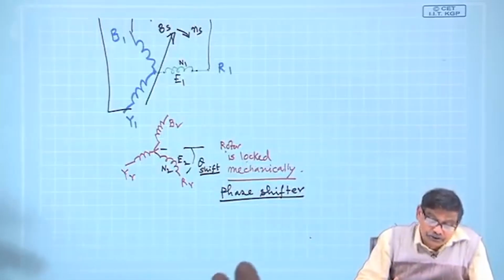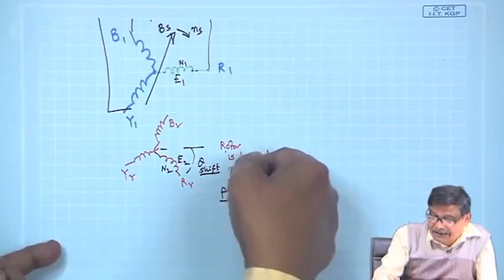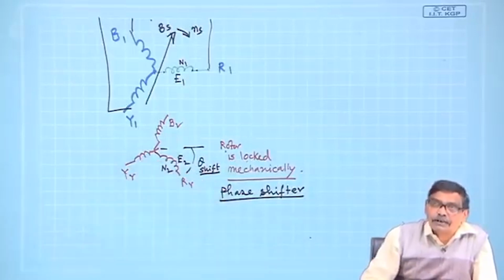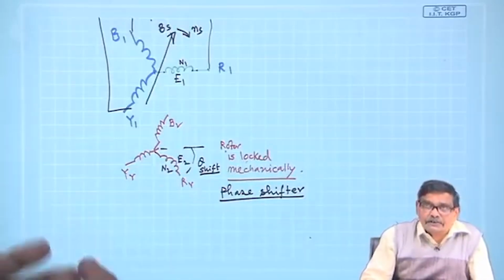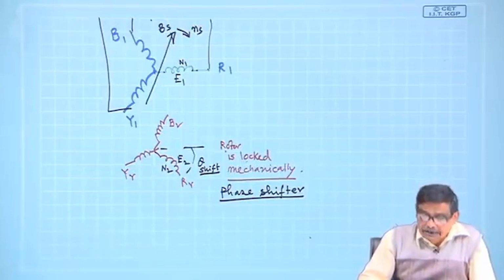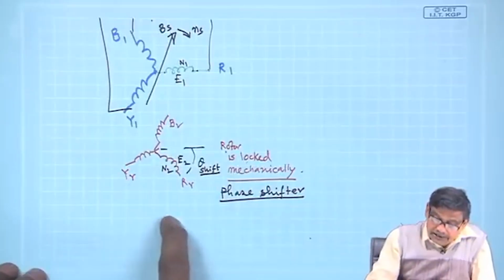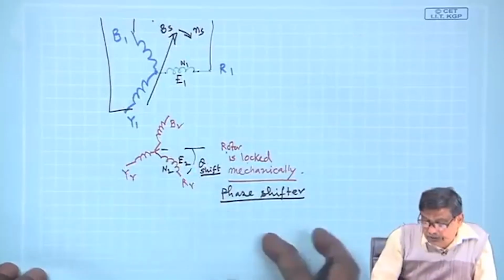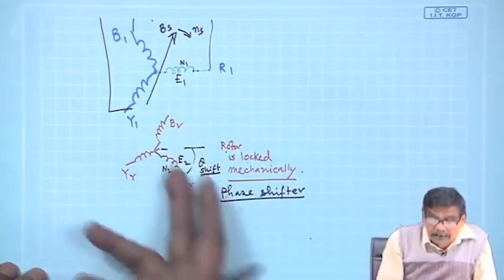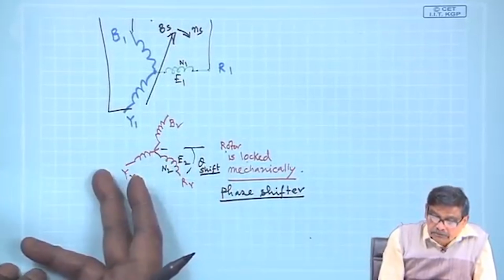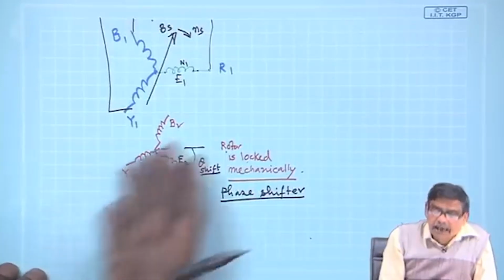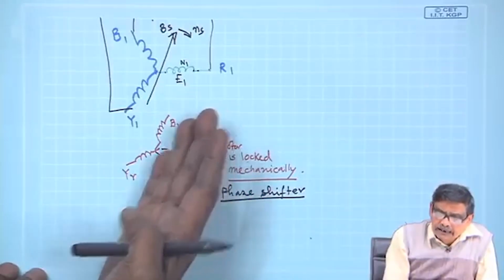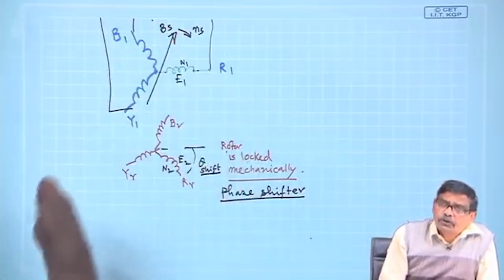Of course, we are not sure whether, if the lock is removed, this fellow will start rotating or not, that we have not yet learned. In fact, if current flows in the rotor windings, because this phase shifted voltage will be connected to some load, these windings will carry current and must produce their own field, and these two fields may interact and give you torque.